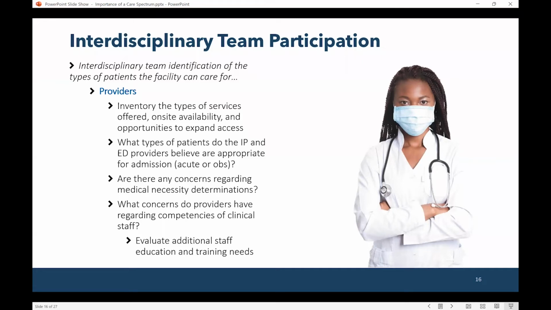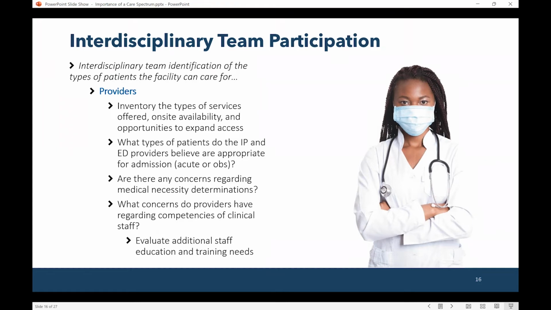Therefore, they were sending all of their cardiac rule-out patients, chest pain rule-out patients, out. They didn't even have the stress test schedule of that cardiologist.